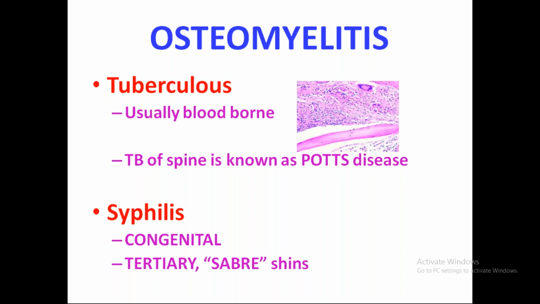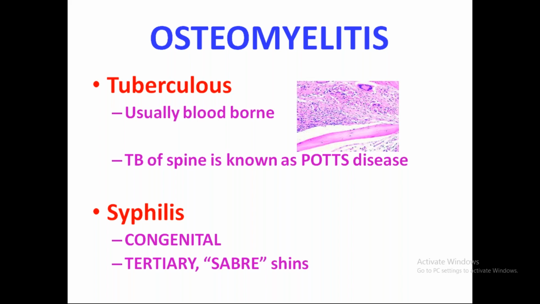The patient can present with kyphosis or scoliosis of the spine, after which you need to take a biopsy. If we find a tuberculous granuloma, the patient will follow the treatment as per the guidelines. Then syphilis, infection by Treponema pallidum.